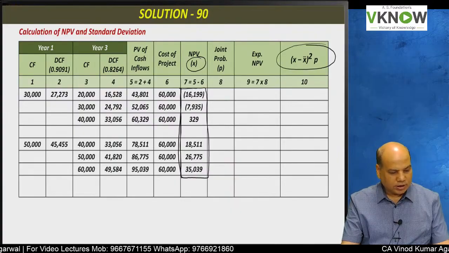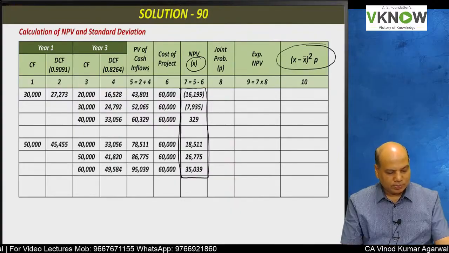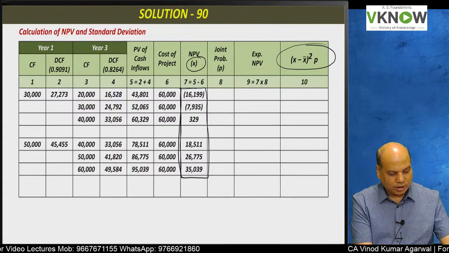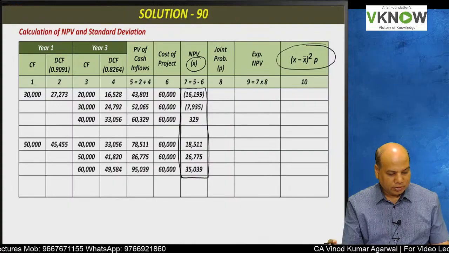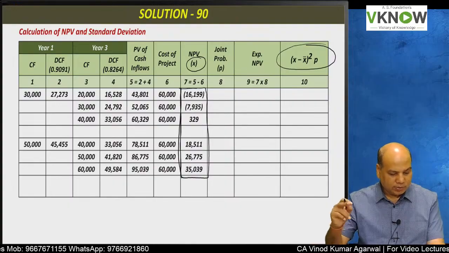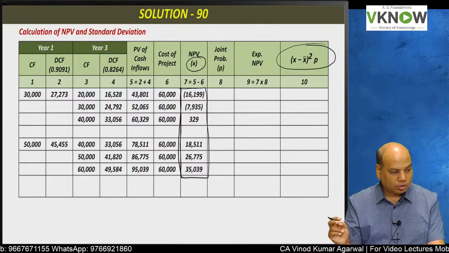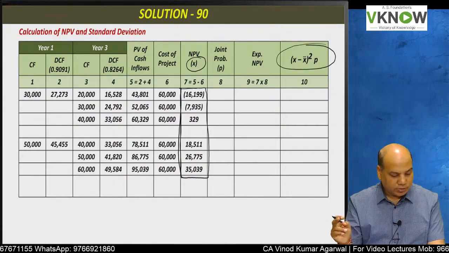Now the student is asking how to compute joint probability. Joint probability is the probability of year 1 multiplied by the probability of year 2. So refer to your question.